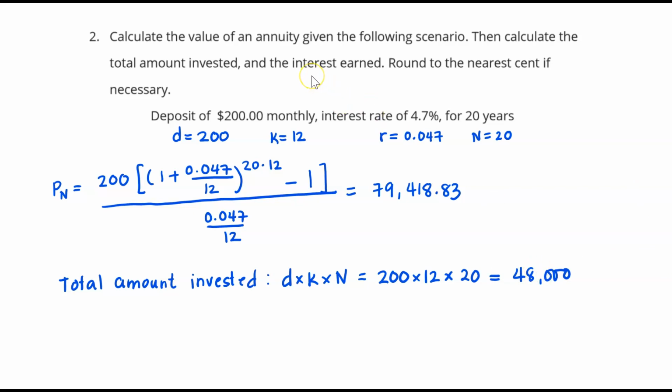Next, let's calculate the interest earned. So to calculate the interest earned, all you need to do is subtract from the value of the annuity, the total amount or value in the annuity after 20 years, the total amount of investment or the total amount invested. So that is 79,418.83 minus 48,000.